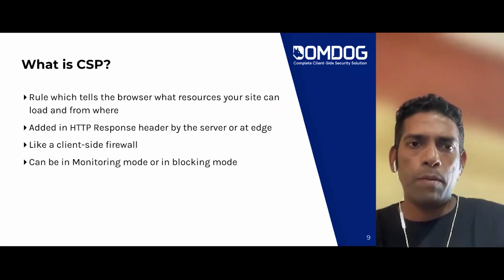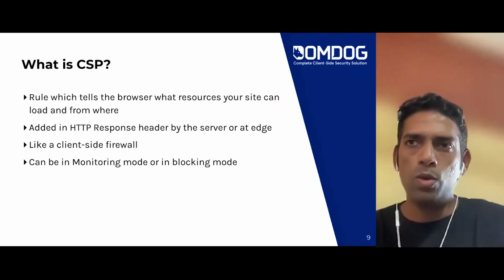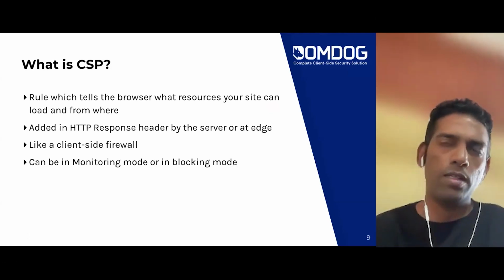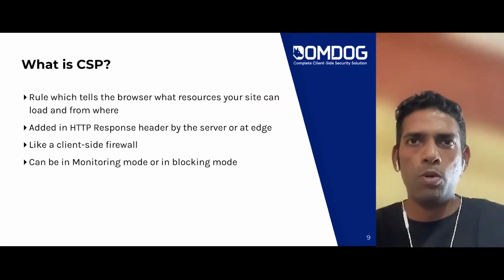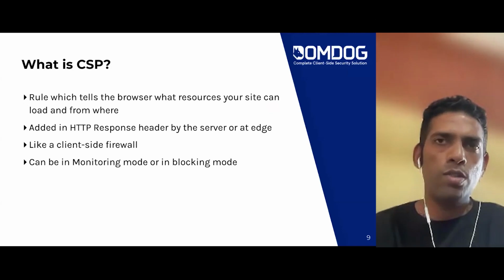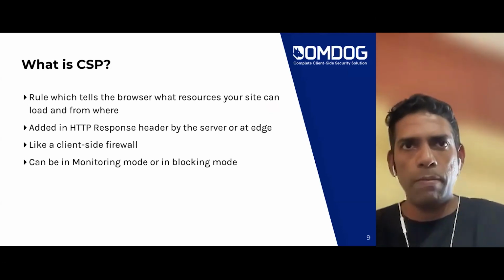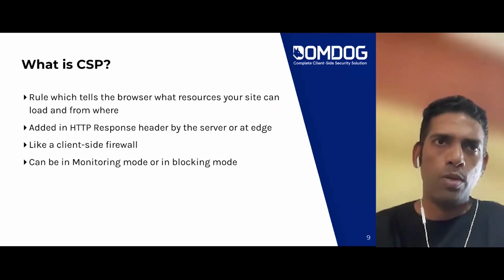And the way you would add this policy or rule to your website is through an HTTP header. There is a header which is set by your server. You add an HTTP response header, and then when the site is trying to load a resource, the browser would check it against this policy. If the policy allows a certain resource to load, then it would go ahead and allow it.